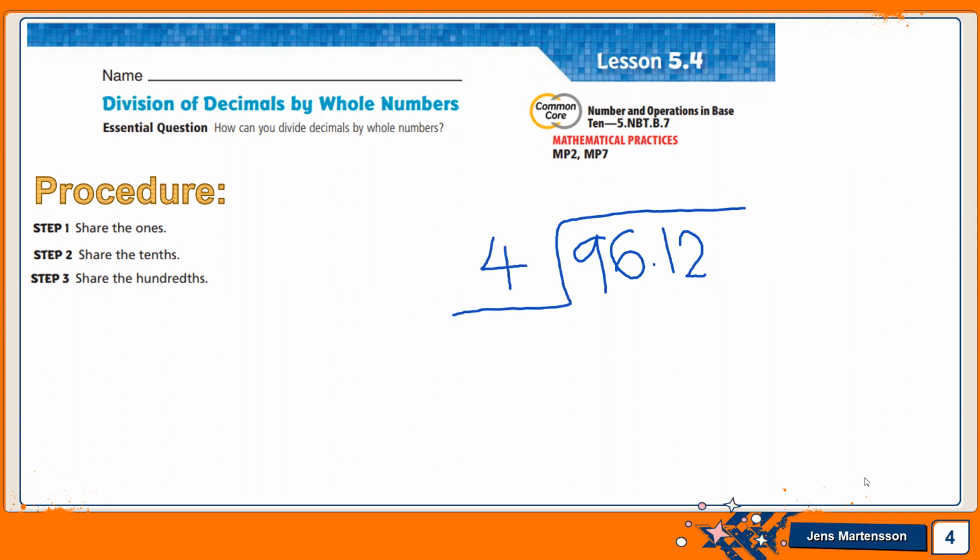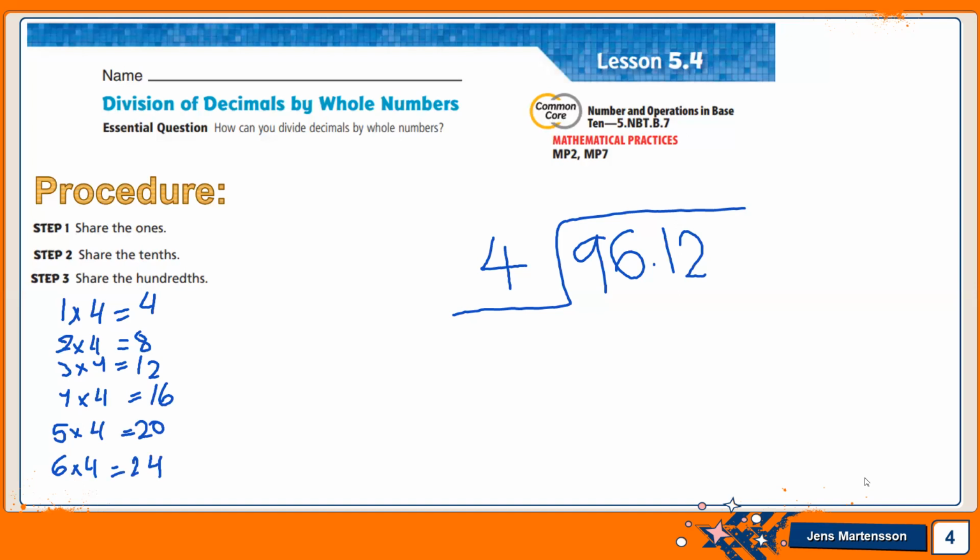Let's remember first the multiplication table of 4. 1 times 4 is 4. 2 times 4 is 8. 3 times 4 is 12. 4 times 4 is 16. 5 times 4 is 20. 6 times 4 is 24. 7 times 4 is 28. 8 times 4 is 32. 9 times 4 is 36. And 10 times 4 is 40.